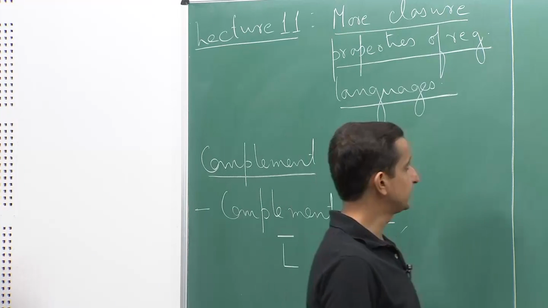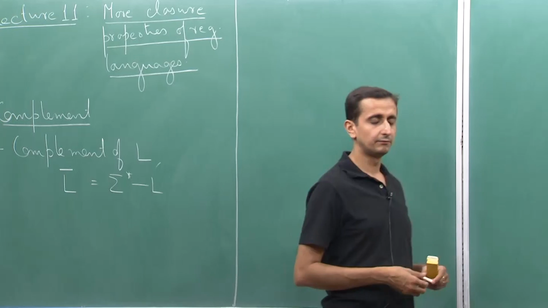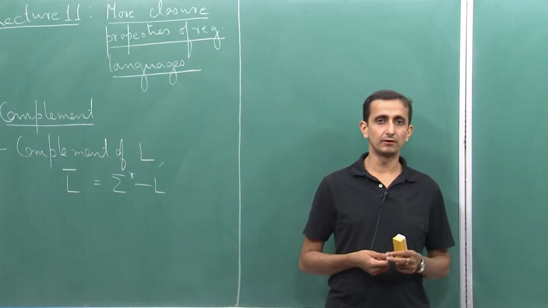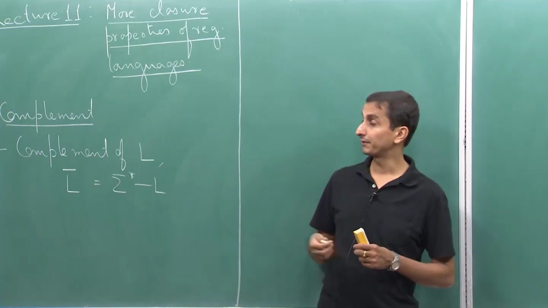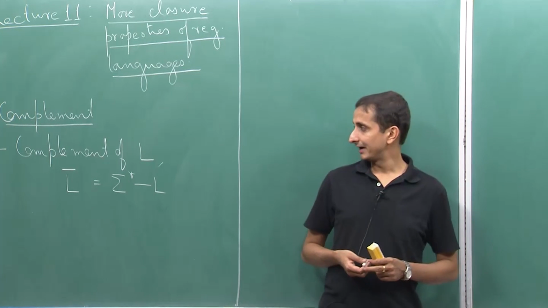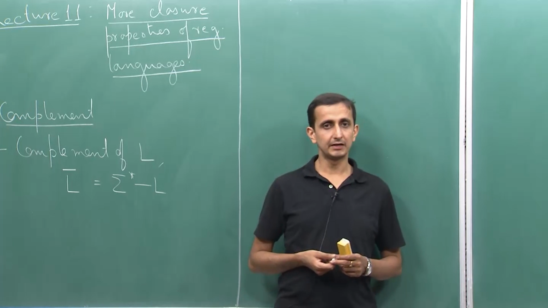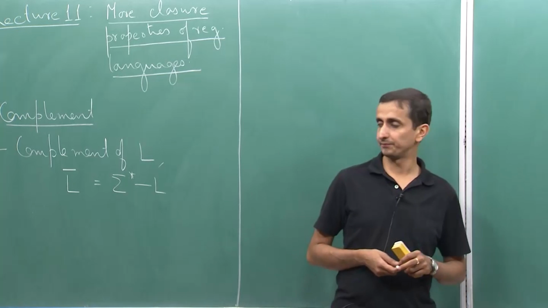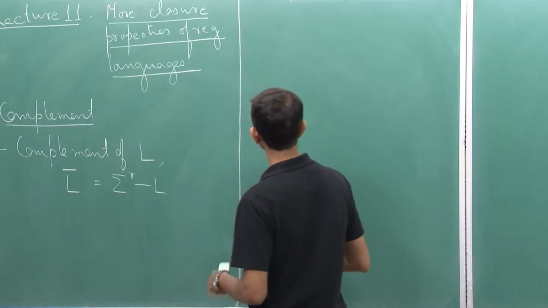So, the question is, when we ask whether regular languages are closed under the complement operation, that if L is regular, is L bar also regular, or is the complement of L also regular? So, the answer is yes. Okay.